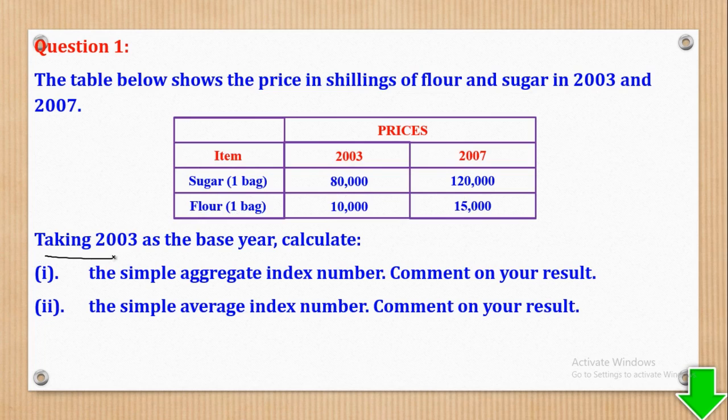Then taking 2003 as the base year, calculate Roman 1 the simple aggregate index number and comment on your result. Then Roman 2 the simple average index number and comment on your result. So like I told you, they can either use this word index number or they use price index or price relative.